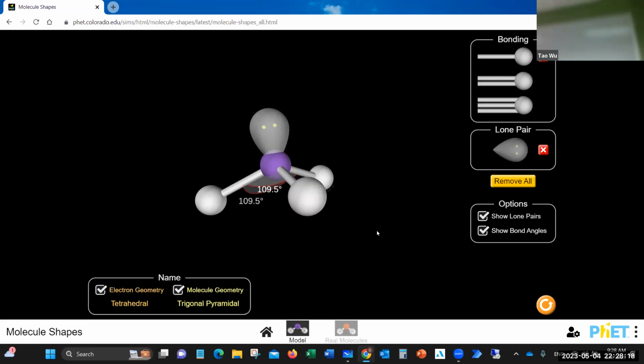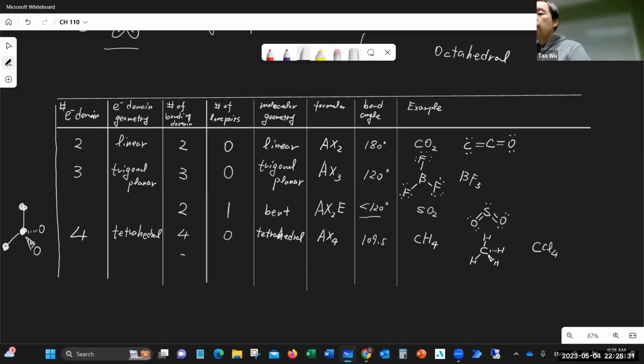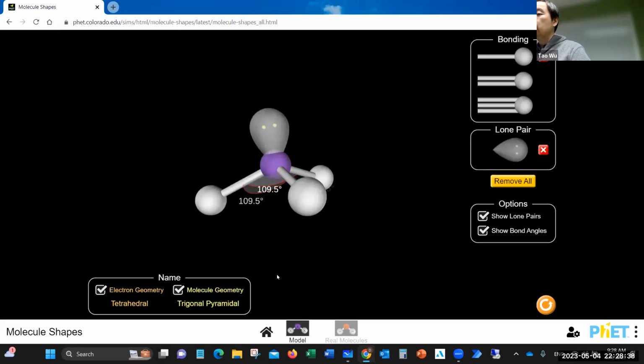So this geometry gets another name. It's called trigonal pyramidal. So here, if we have three bonding domains and one lone pair, the name is trigonal pyramidal.